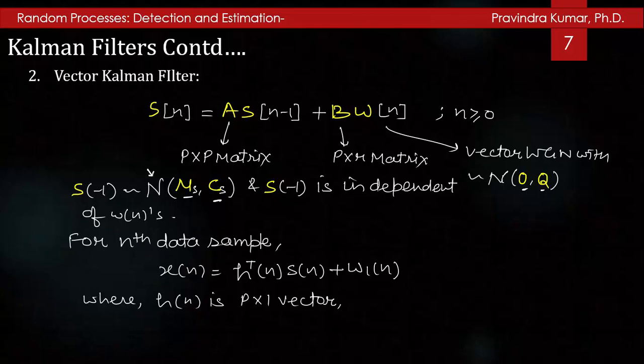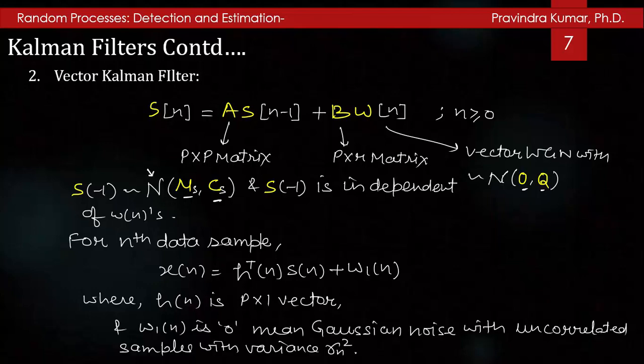Now for the nth data sample, x[n] is equal to H transpose n S[n] plus omega1[n]. Here x[n] is a p by 1 vector, and omega1 is zero mean Gaussian noise with uncorrelated samples with variance sigma n square.